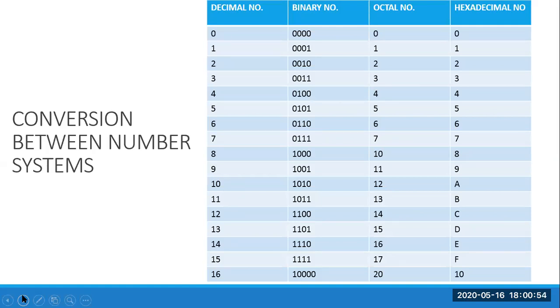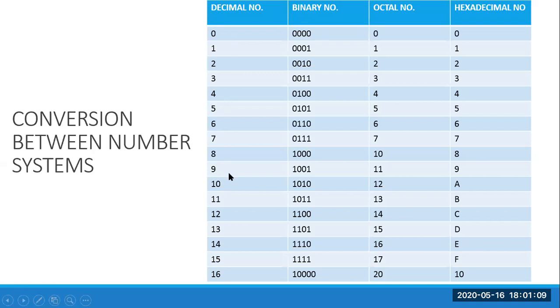Let us relook at what we have already discussed about the four number systems. We have discussed that the decimal number system is made up of 10 digits, starting from 0 up till 9.